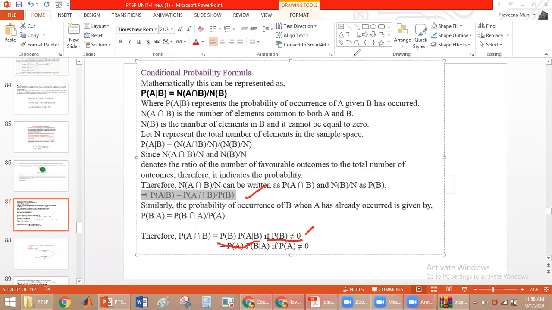Is it clear? Similarly, from this equation, probability of A intersection B is given as probability of A into probability of B given A. What is the condition here? The condition is probability of A is not equal to 0. So these two equations are called the multiplication law of probability. This we have discussed in the last class.